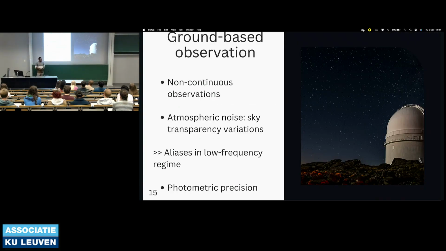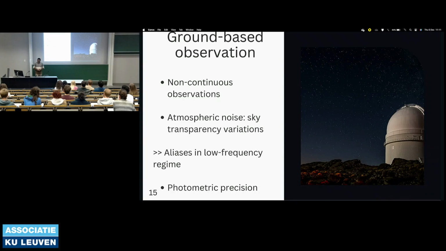But before we talk about this, there are some points that characterize ground-based observation and make our light curve, our time series analysis, quite challenging. First, we have to deal with non-continuous observations. Second is atmospheric noise, which introduces aliases in the low frequency domain.